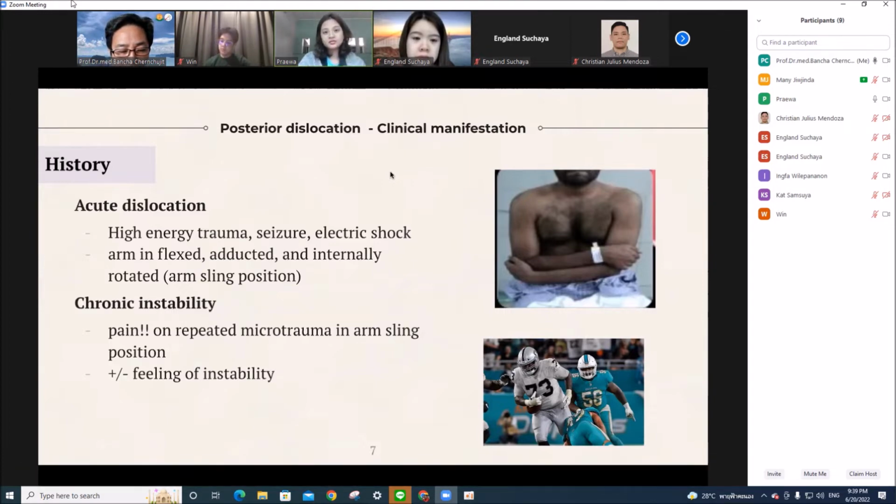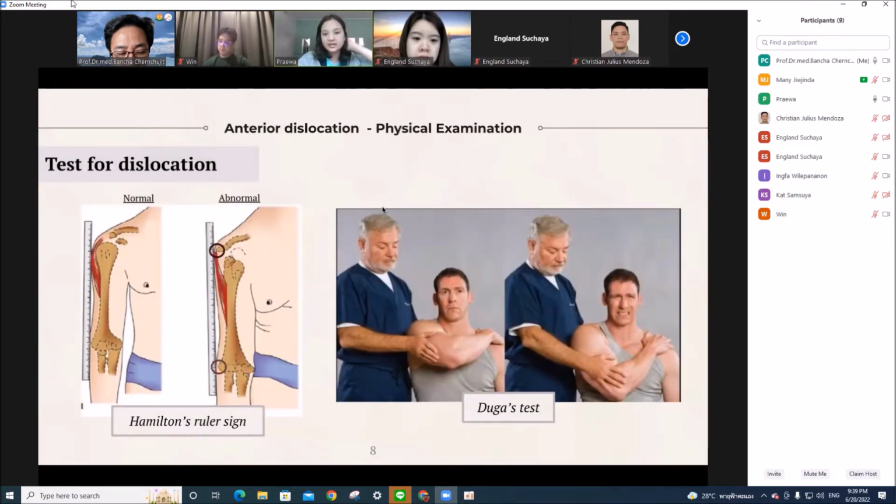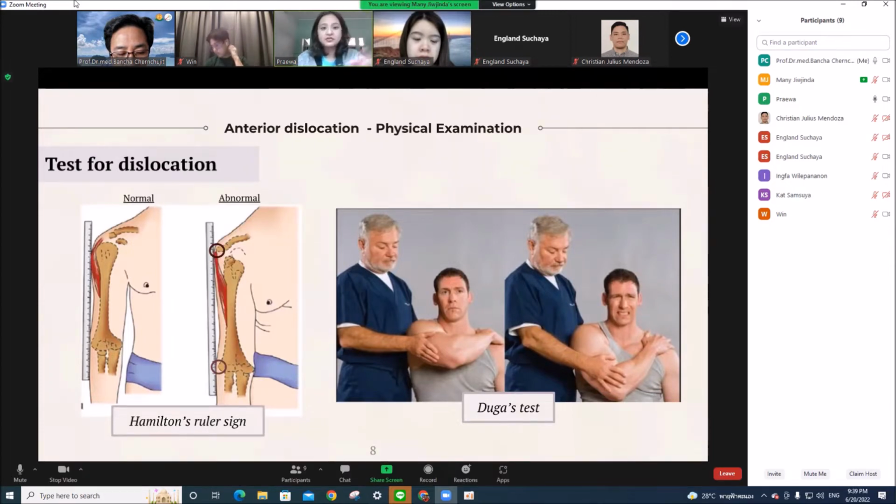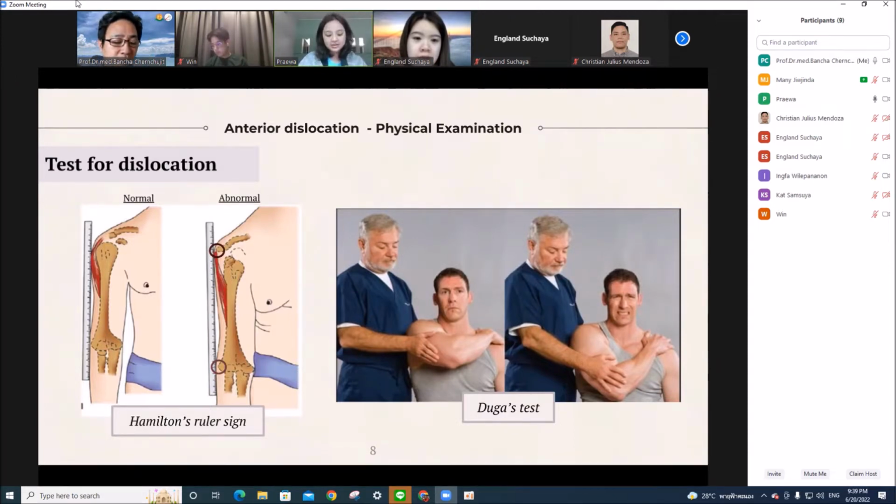Okay, good. Next, we're going to move on to the physical examination. Today we're going to talk about special tests. The first one is for the anterior dislocation, the Hamilton ruler sign on the left side. It represents that the deltoid is flattened, because you can put the ruler down and it will touch the acromion and lateral epicondyle as a straight line, but normally you can't do that.